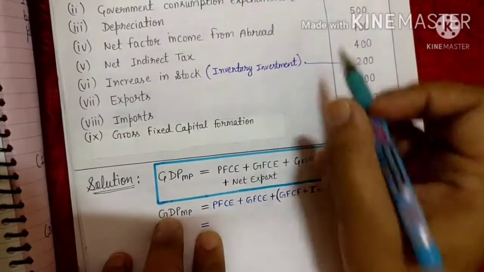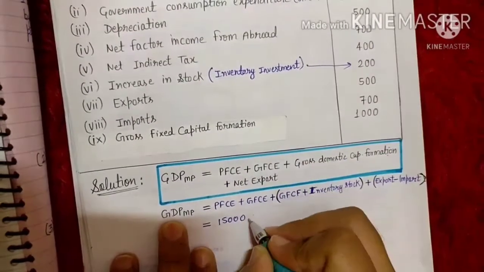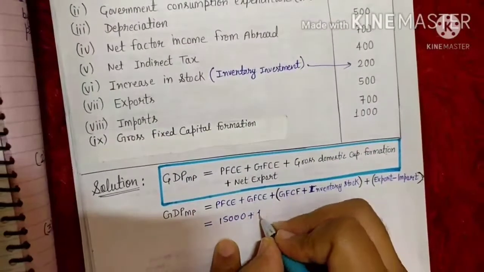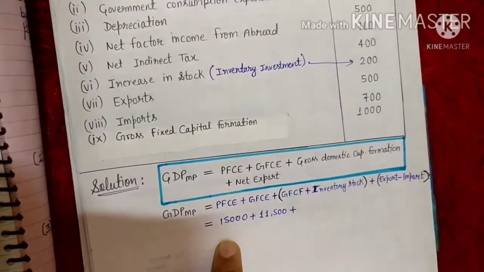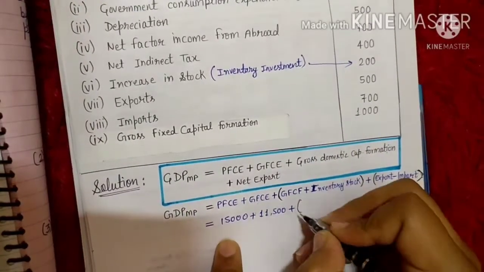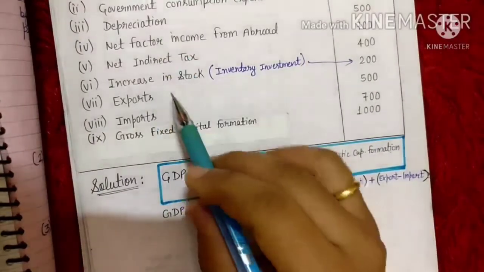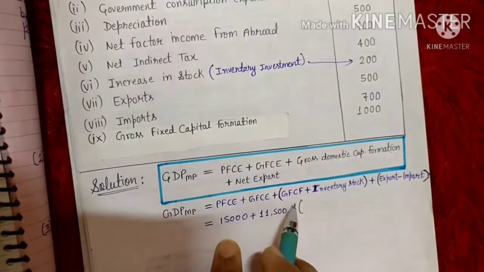Now PFCE, how much is the amount given? 15,000. Then plus GFCE. What is GFCE? 11,500. Then plus, we have to open the bracket here. How much is gross domestic capital formation given? It means they have given only gross fixed capital formation.